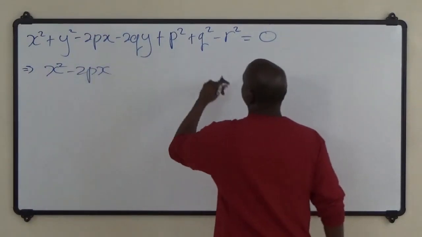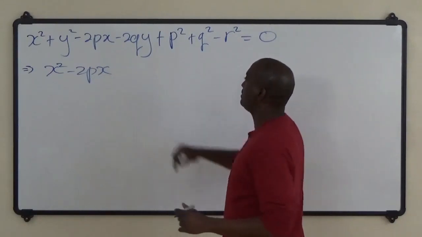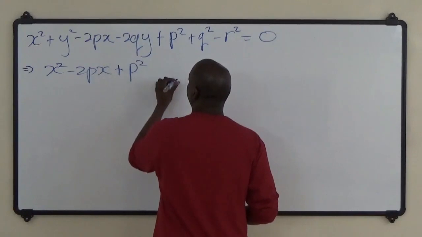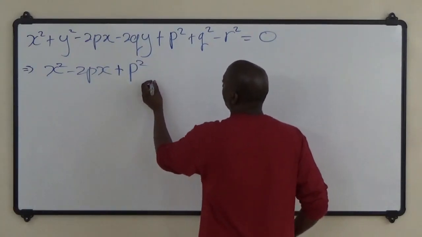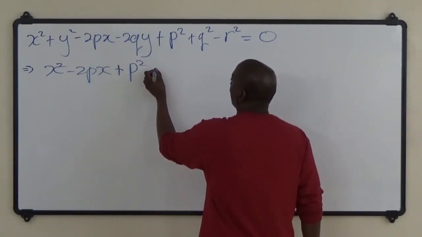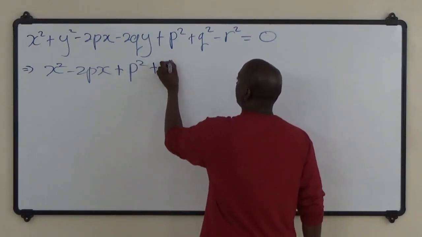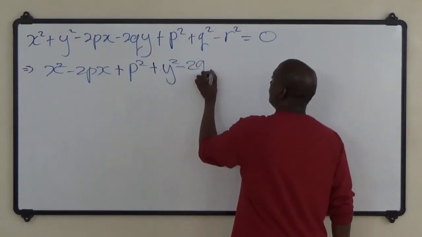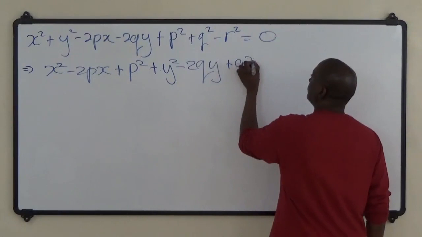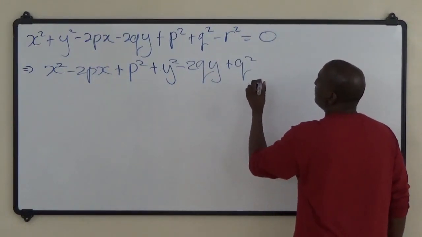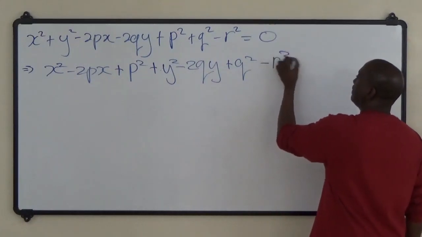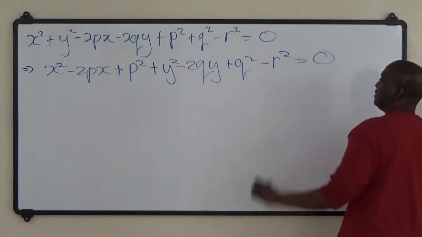We're looking for the x, and the p is concerning the x, so that will be plus p squared. And then we do the same thing with the y, plus y squared minus 2qy plus q squared. And then we have minus r squared is equal to 0.